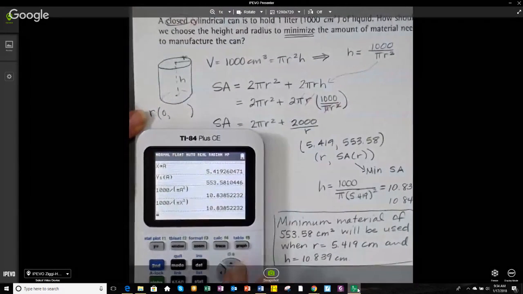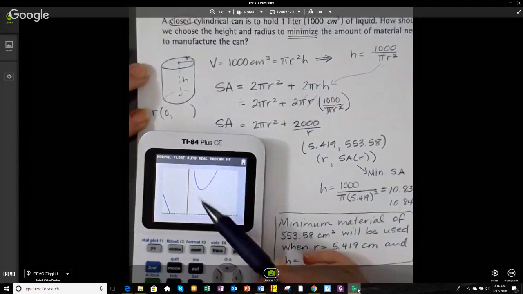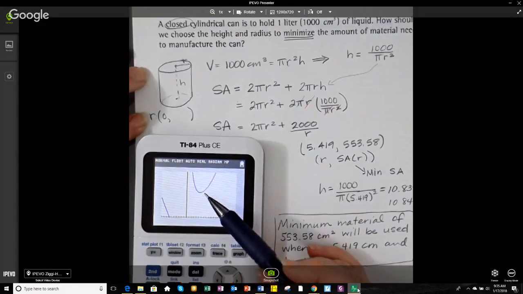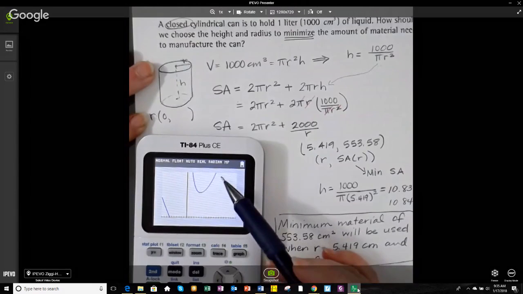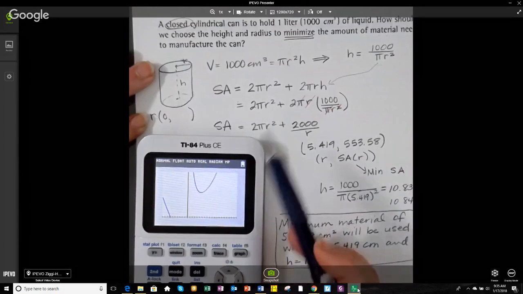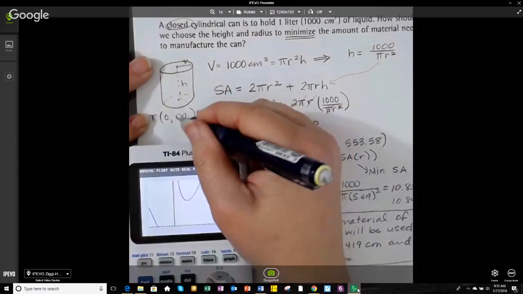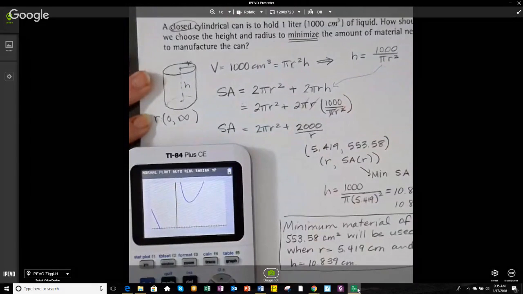Okay, now we did not talk about the finishing of the domain here on R, so let's do that really quickly. I'm going to go to the graph here, and does this look like R is going to be limited at all? This looks like as R goes to infinity, the function's rocketing off into space. So this, believe it or not, is infinity. Now, what kind of can are we going to have if R is very, very large?